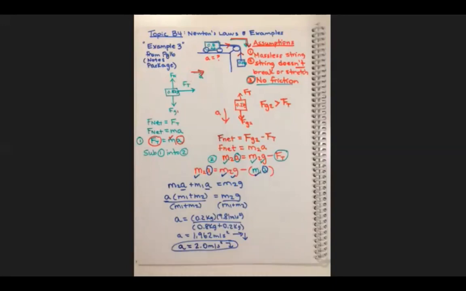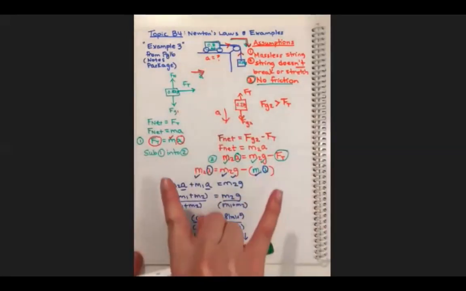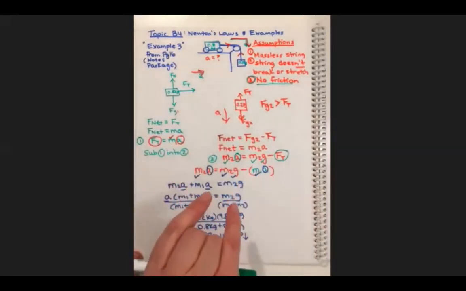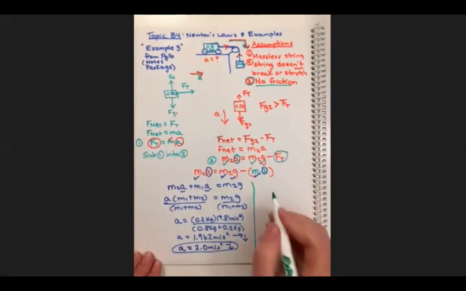There's also a second part that asks for the force of tension. When you're solving these problems where you have two objects, you have two equations, and you have to solve the system of equations, there are two unknowns that you can be asked to solve for.